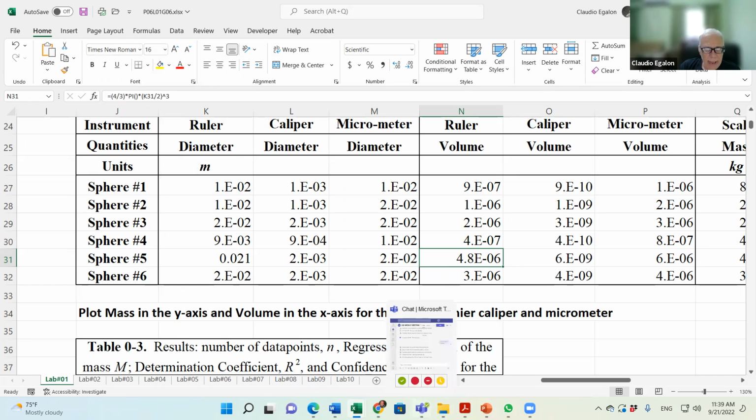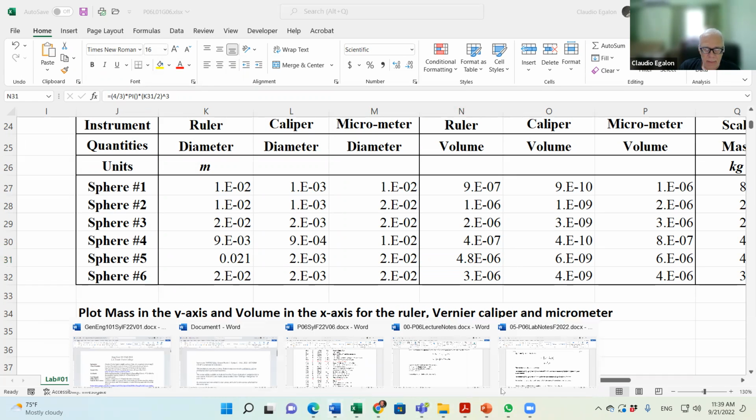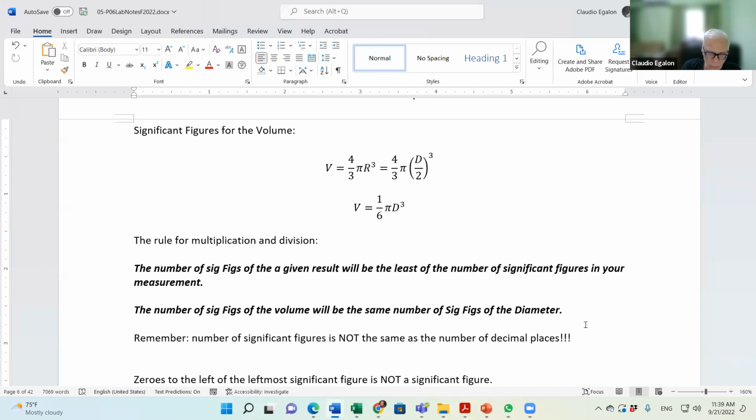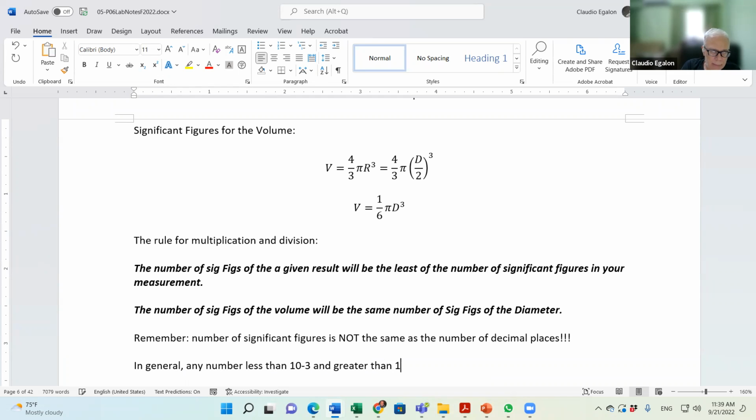So what's the rule that I like to adopt for the scientific format? Let me write that down here, a nice rule. In general, any number less than 10 to the minus 3 and greater than 10 to the third power should be reported in scientific format, in powers of 10.